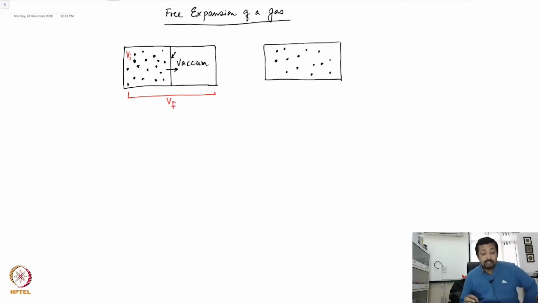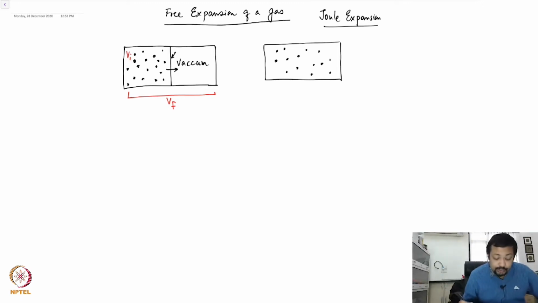Right? Now this phenomenon is also what is called a Joule expansion. It was first devised by Joule to figure out whether the internal energy depends on the volume of the gas. So the question now is whether there is a change in temperature.